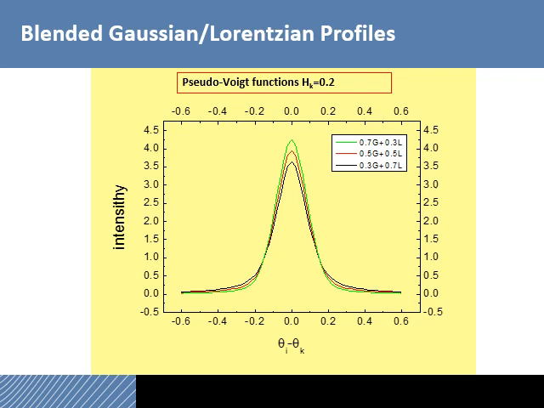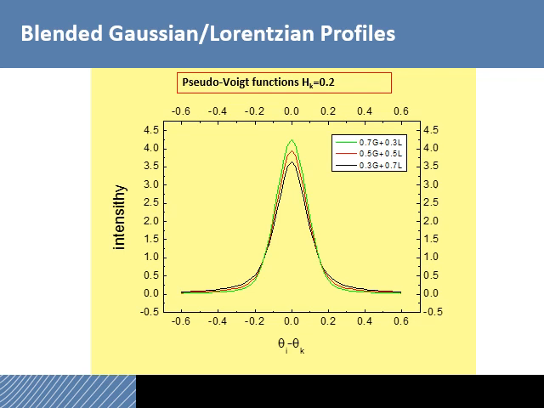And so here is an example using pseudo-Voigt functions. Once again, the HK value, which is our full width half maximum, is 0.02 degrees, which is actually a fairly broad peak, by the way. And this is really just to demonstrate the point, so you can actually see it in the pattern. And then you can see the various plots where you vary the percentage of Gaussian and percentage of Lorentzian.